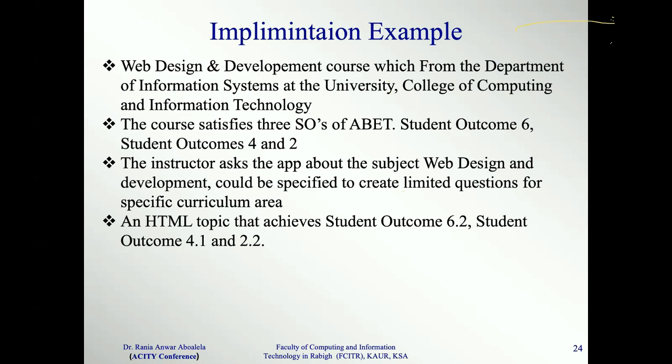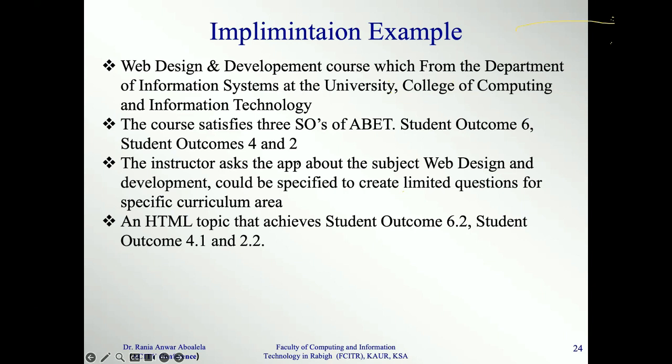Because we already obtained ABET in our program, information system, we have these 3 student learning outcomes from ABET. So we have to ask questions for each level for each course. The instructor asks the application.